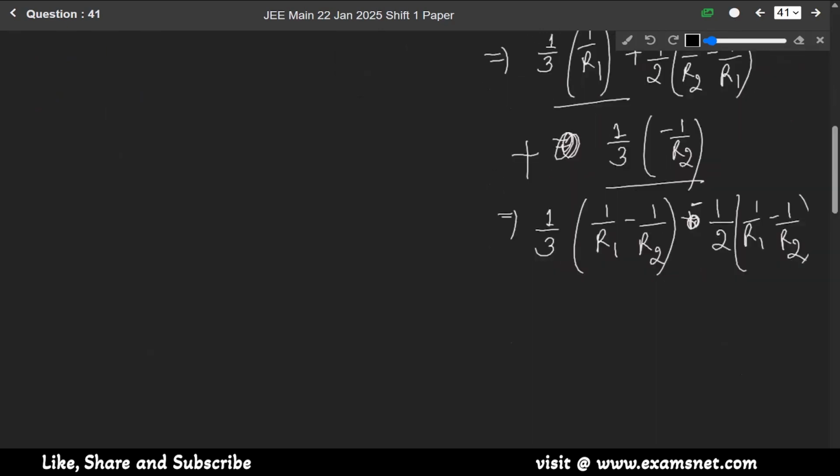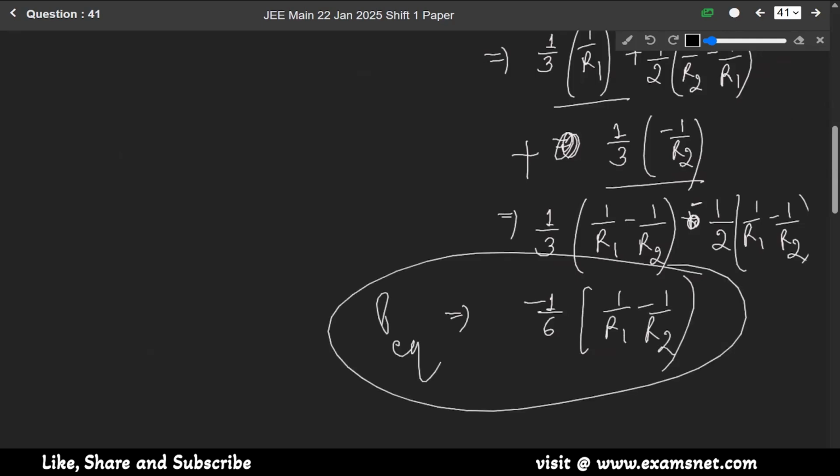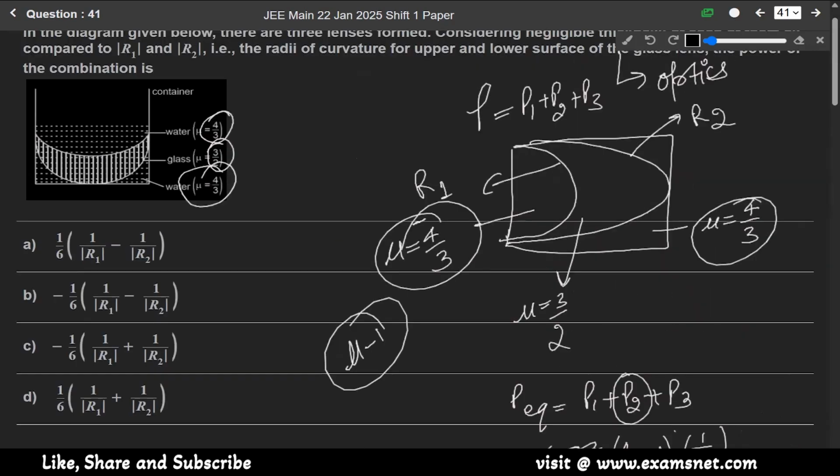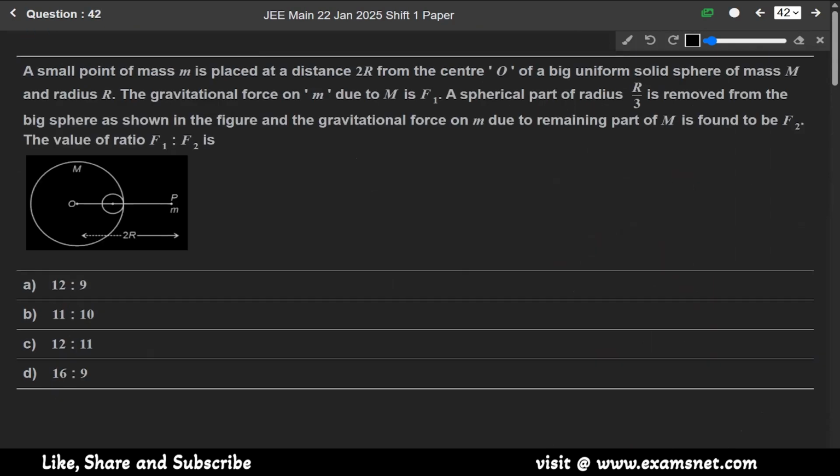Now taking 1 over R1 minus 1 over R2 common, 1/3 minus 1/2 will be equal to minus 1/6. So our equivalent power will be minus 1/6 times 1 over R1 minus 1 over R2, which means option second is the correct answer. Now next question, 42.